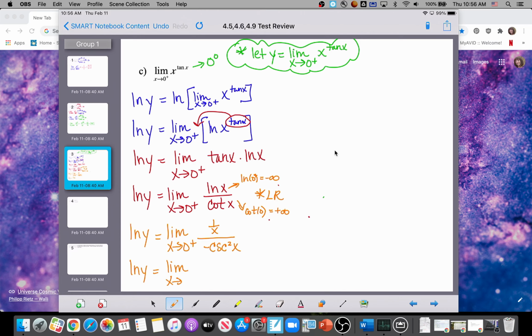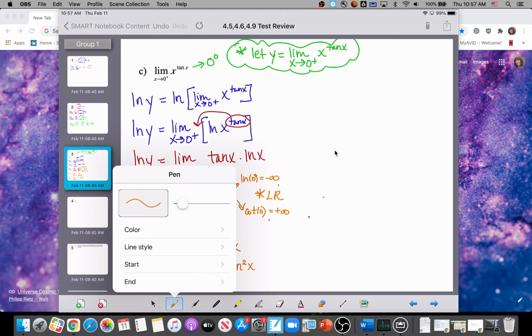So this is the limit as x approaches 0 from the right. I'm going to have 1 over x times, and then again, if I'm dividing by cosecant, that would be the same as multiplying by sine. I keep the negative. So I've got a negative sine squared x in my numerator. Okay, so I really have negative sine squared x divided by x now.